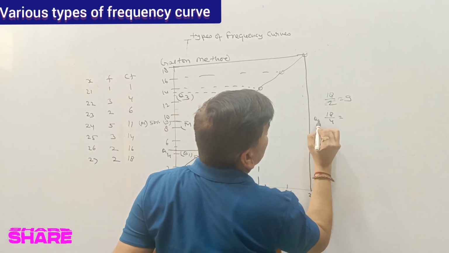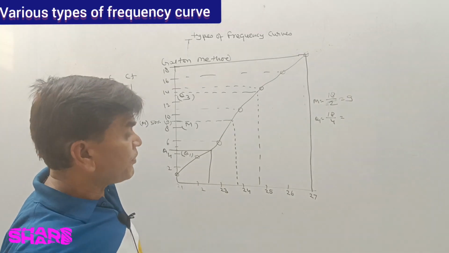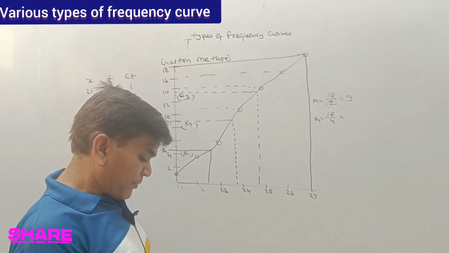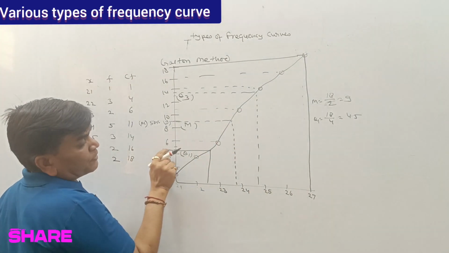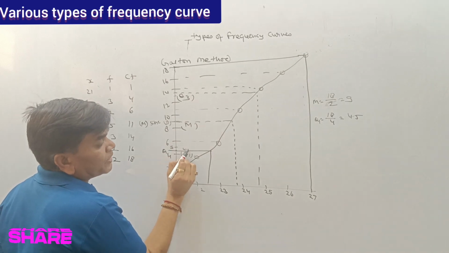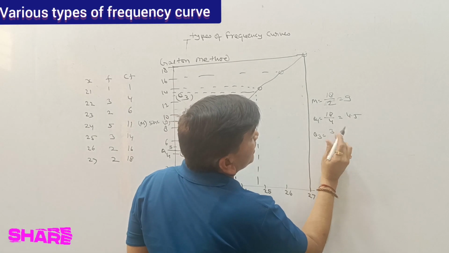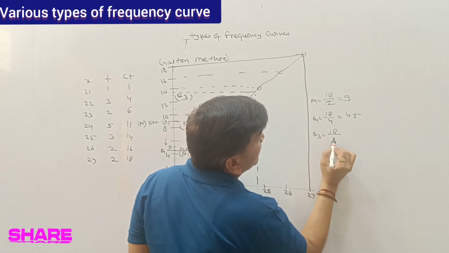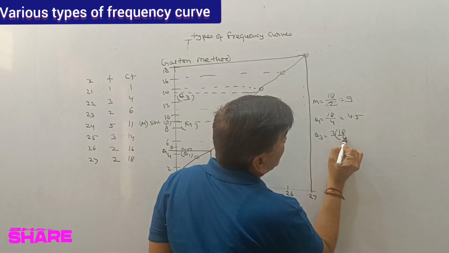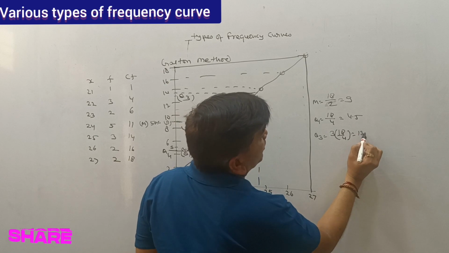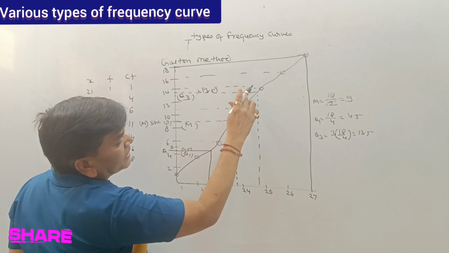For Q1, 18 divided by 4, that is 4.5, so we draw one perpendicular from 4.5. For getting Q3 we take 3 multiplied by 18 divided by 4, that is 13.5. So we draw one perpendicular from 13.5 to get the result of Q3.